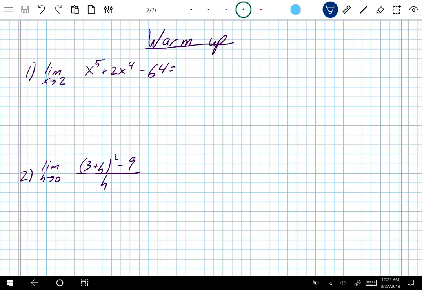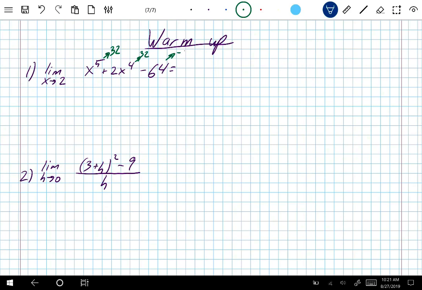What we're really saying is that our limit laws let us look at each of these terms separately. And then as I look at this x to the 5, my limit law says I can just plug into x to the 5, which is a 32. And as I look at this x to the 4, I can just plug into x to the 4, which is a 16 times 2 is a 32 also. And then this negative 64 is just going to hang out and be itself.